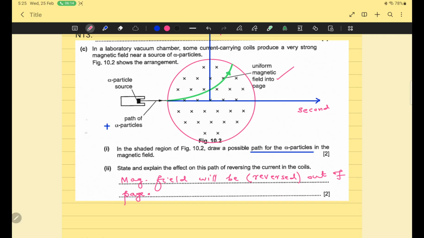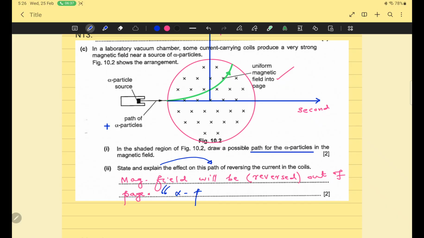When the direction of current reverses, it will reverse the direction of the magnetic field. And when the direction of the magnetic field reverses, the magnetic force direction will also be affected. But in this question, they are asking what will be the path? So I should write only about the path.